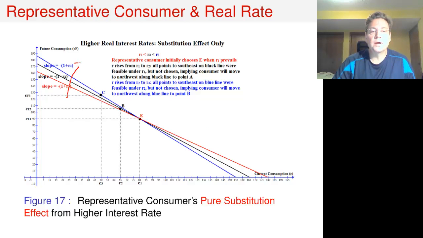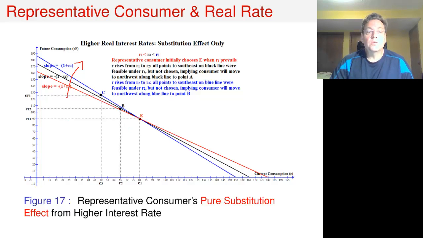So this line is going to pivot up, and as before, it's always going to go through the endowment point because the consumer can always choose to just eat her endowment. Choose current consumption to be Y minus T and future consumption to be YF minus TF.